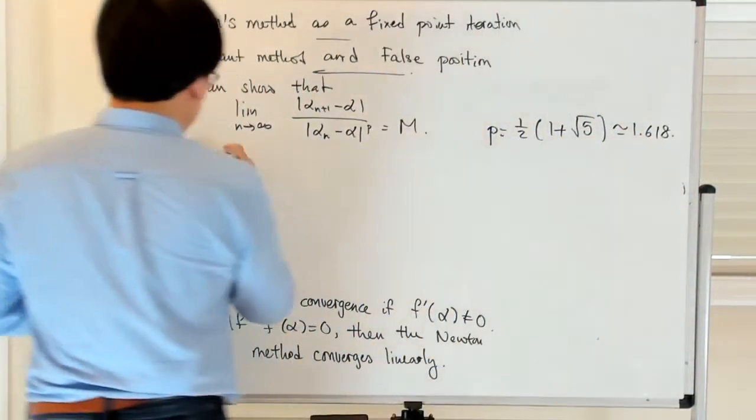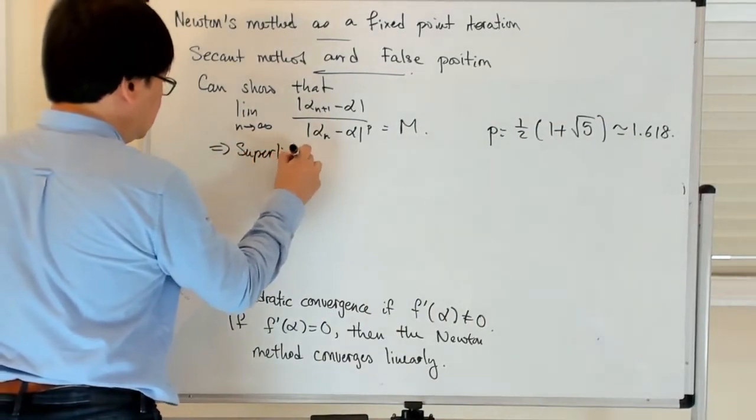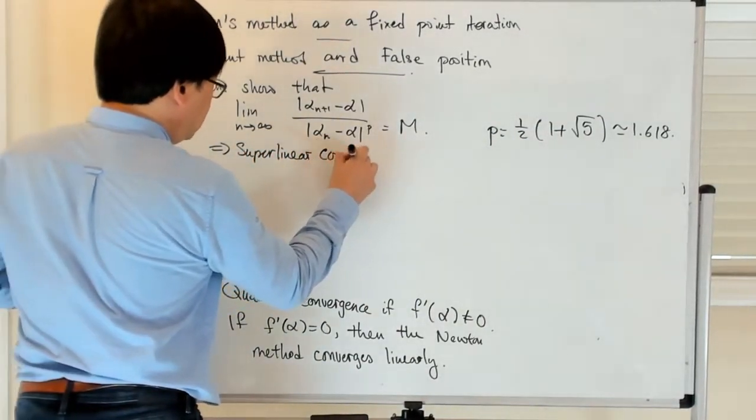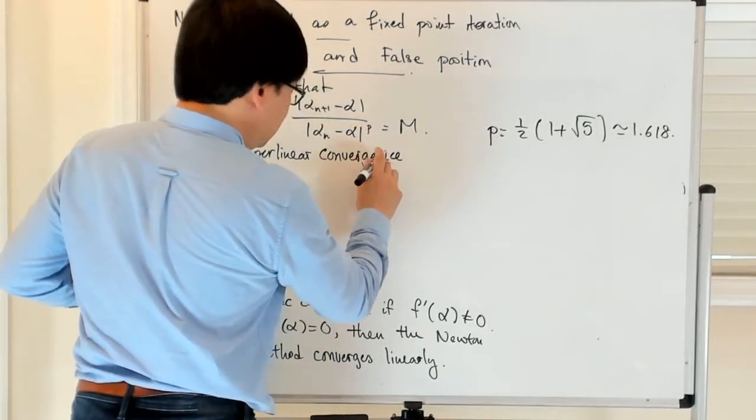So you have what is called superlinear convergence, which is to say that it is faster than linear but slower than quadratic.